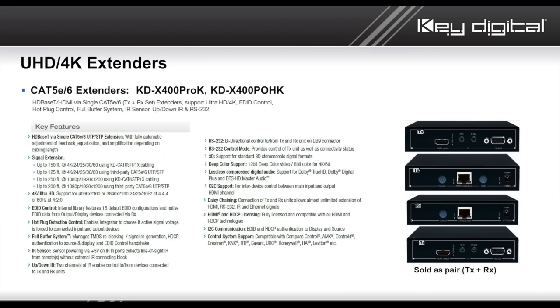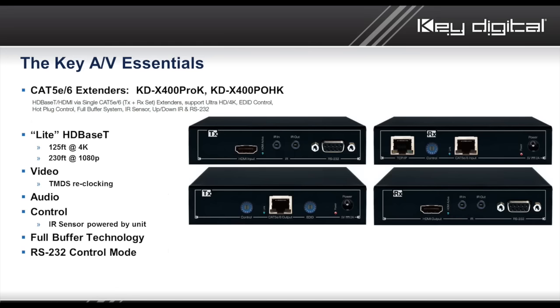Very good. Now, on to the KDX400, which also comes in two flavors, Pro K and POHK, just as you saw before. Not going to go through all the details because it's very similar, including the fact that this is a Lite HDBaseT chipset. It gives you the full buffer technology with the TMDS reclocking, EDID, HDCP, HPD.